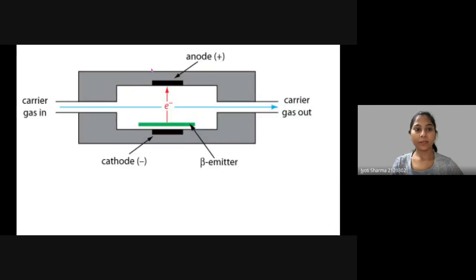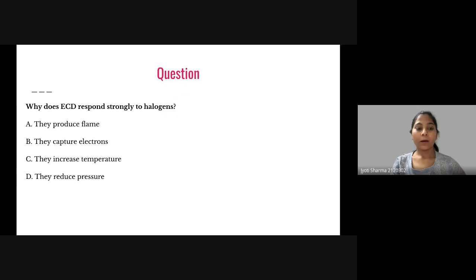Here you can see whenever we have any sample, and if that sample is giving you the electron, that electron will go to the anode, and that's how this will give you the signal whenever this electron is moving. Why does ECD respond strongly to halogen? They produce flame, they capture electrons, they increase temperature, they reduce pressure.